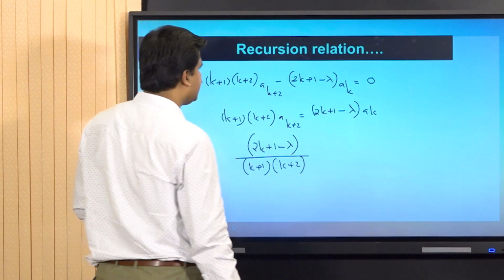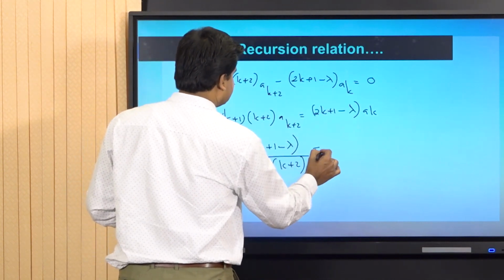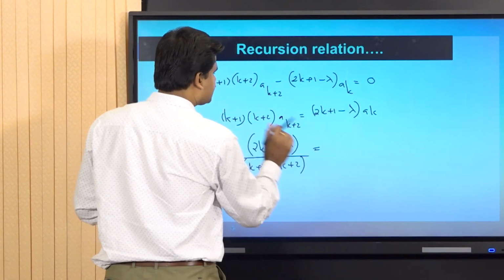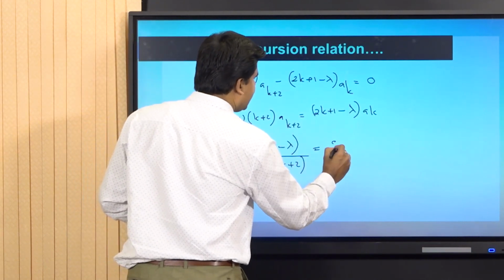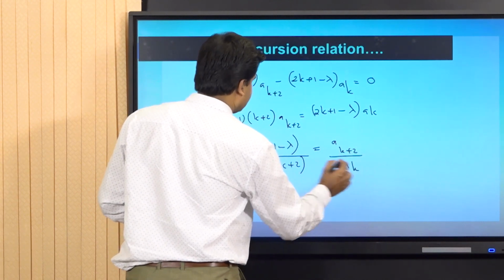This quantity divided by this quantity is equal to ak plus 2 divided by ak.